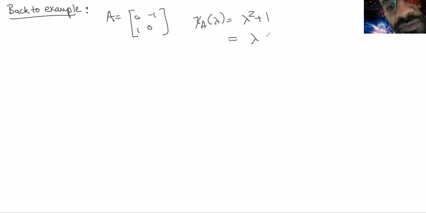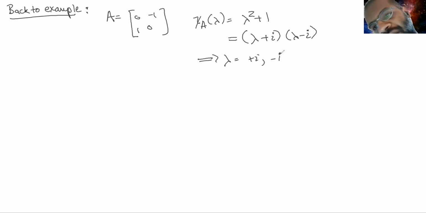This is lambda plus i times lambda minus i. Right? Because lambda squared minus i squared is lambda squared plus 1. That's the whole magic property of i. And now, okay, great. We have eigenvalues. They're distinct. What about eigenvectors?